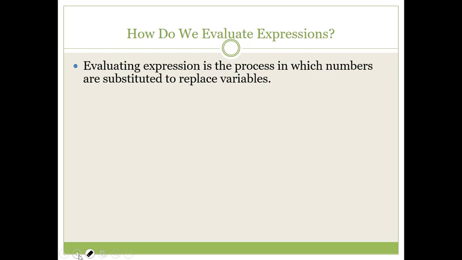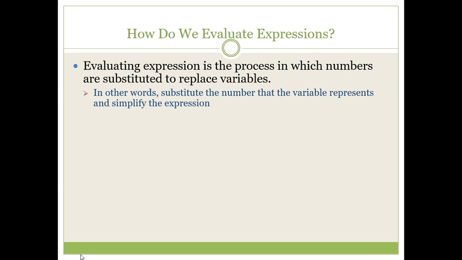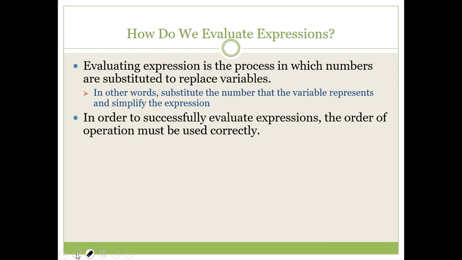All right, an evaluating expression is just a process in which we substitute numbers in to replace variables, and then we calculate the result using the order of operations. All right? So that's what I said there. Substitute a number in for the variable and then simplify. All right? And you got to make sure you use the order of operations.